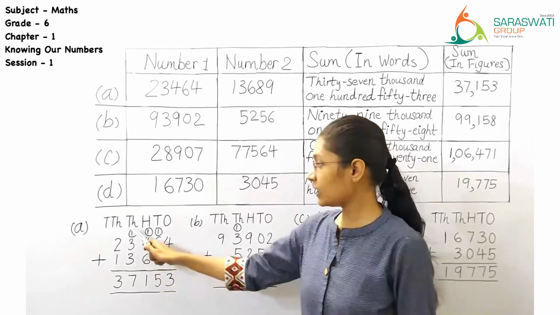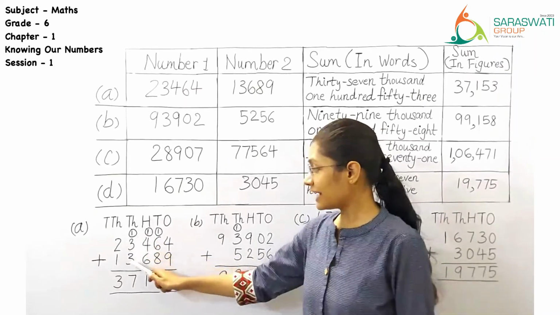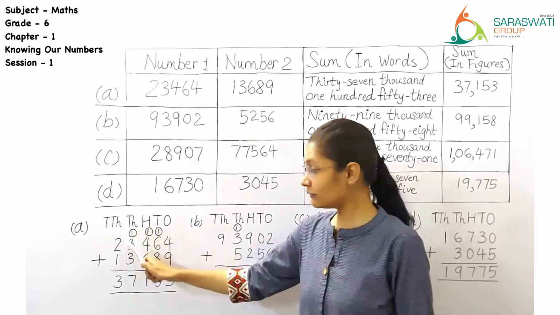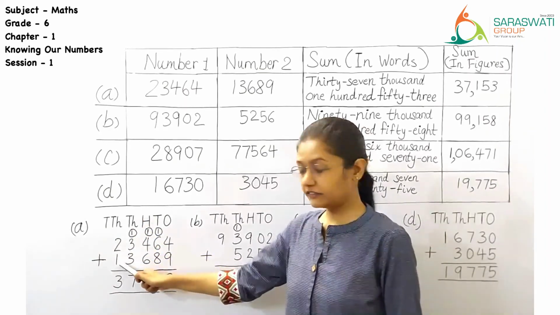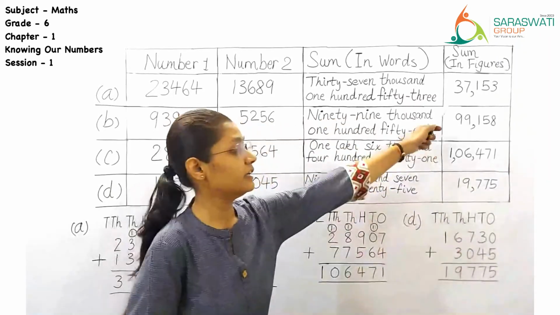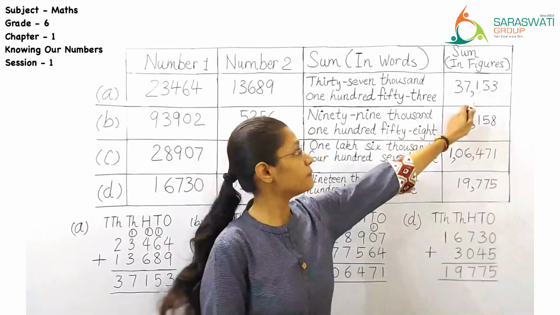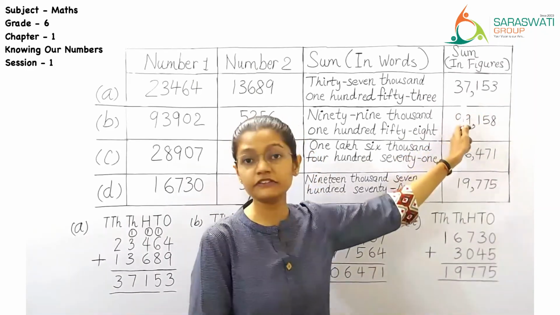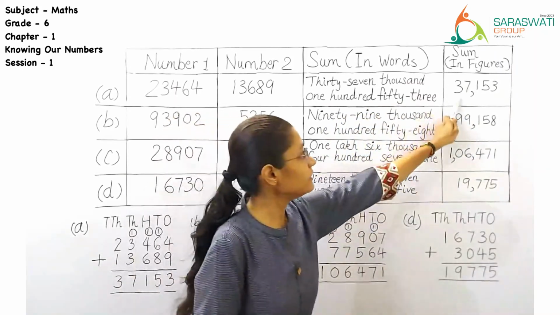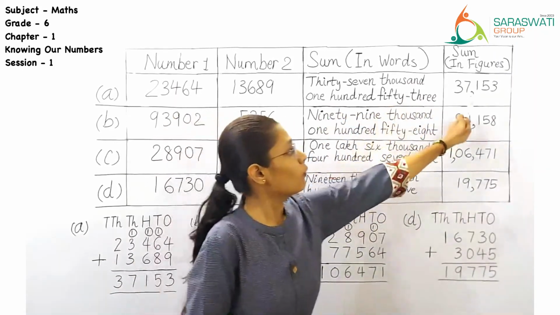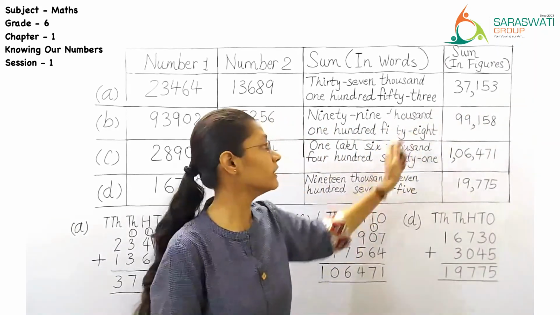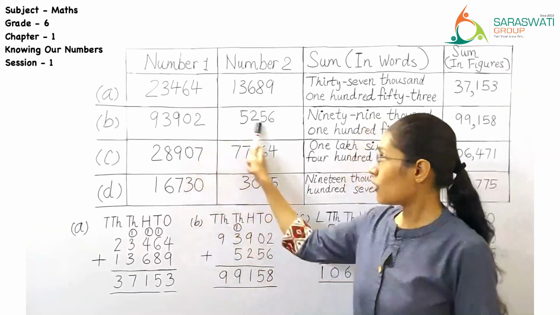So 1 and 1 carry over to the thousands place. 3 add 3, 6, 6 add 1, 7. So 7, and under the 10,000s column, 2 add 1 is equal to 3. So this sum I have written over here with a comma to separate out the ones and the thousands periods. And in words, we write it as 37,153.